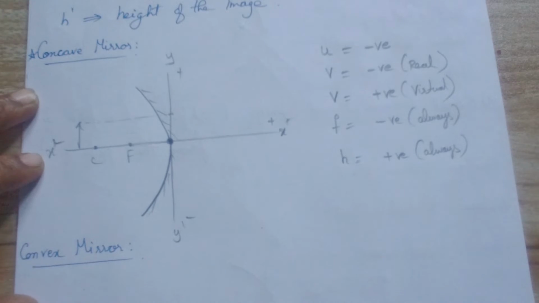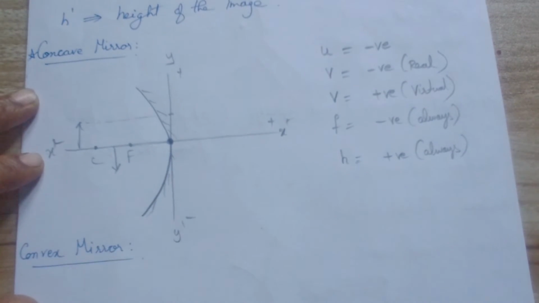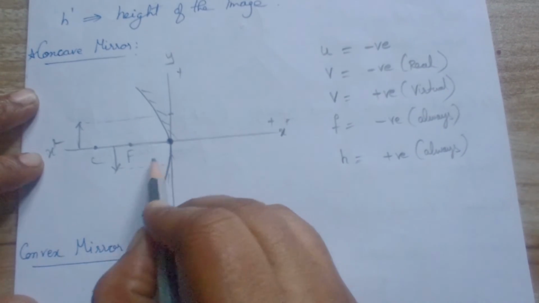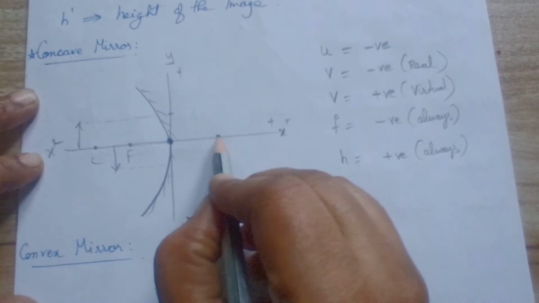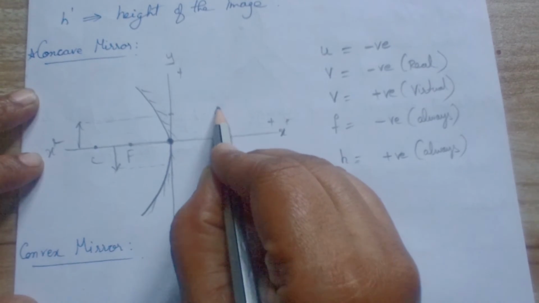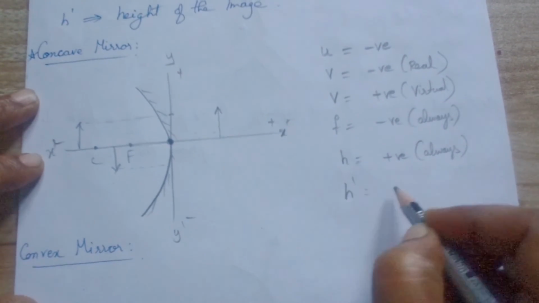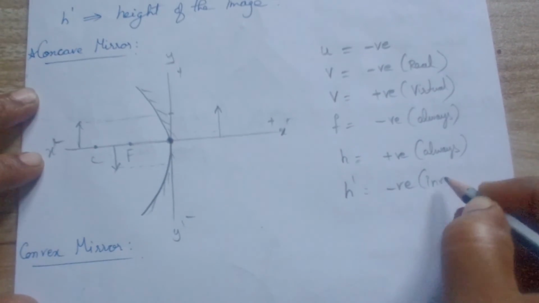But in case of the image formed, it is real and inverted. It will be measured in this y dash axis. So you will get a negative value. You may get a virtual and erect image also. In that case you will get positive, right? So h dash may be negative when it is an inverted image.